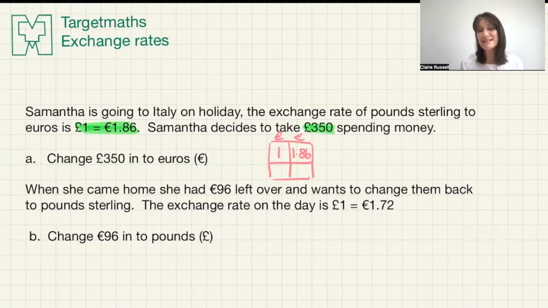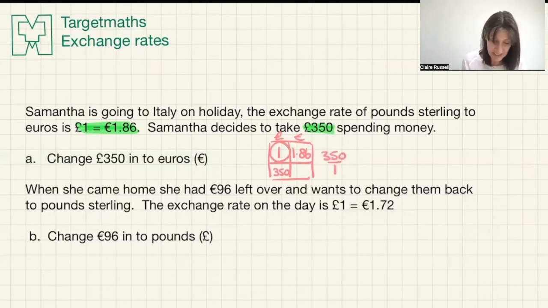Why label? Because it makes sure I get the third piece of information in the right place. That 350 has to go in the right box. If it doesn't, then I'm just going to go wrong anyway. This is pounds, so it needs to be in the pounds column. So we're going to put our 350 here. Now my trap number is 1, so technically not making a whole lot of difference.